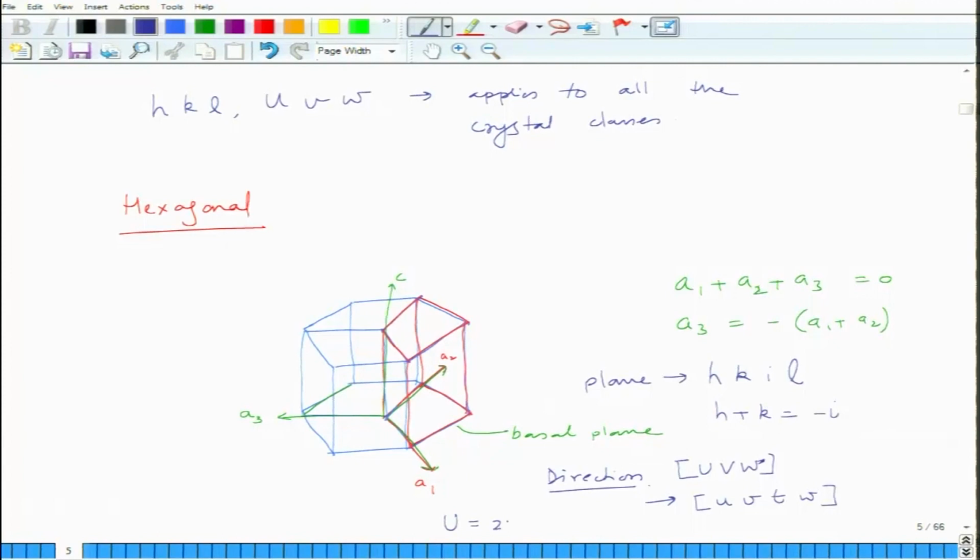Capital U is 2 small u plus small v, capital V is 2 small v plus u, and capital W is equal to small w.